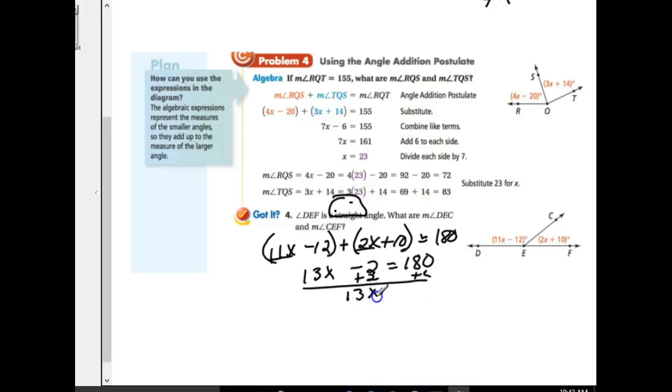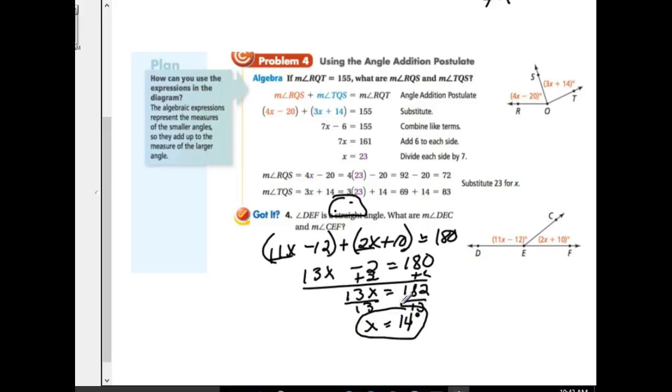I'm going to get that 13x is equal to 182. Now, if I then divide both sides by 13, just doing my algebra, then x equals 182 divided by 13, which actually comes out good and even. It ends up being 14 degrees. Okay.